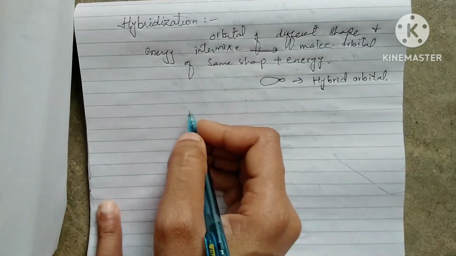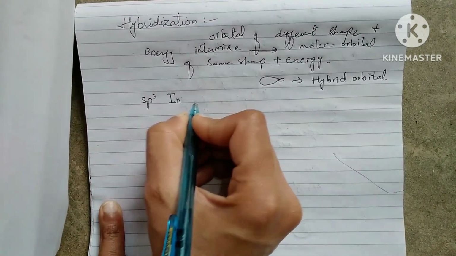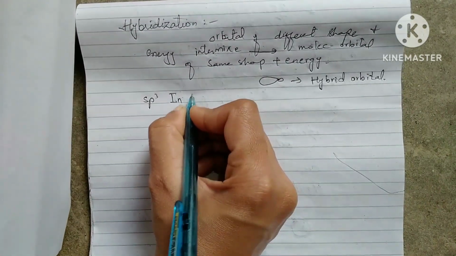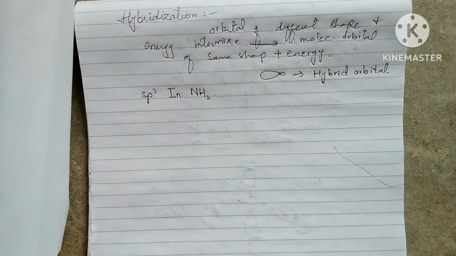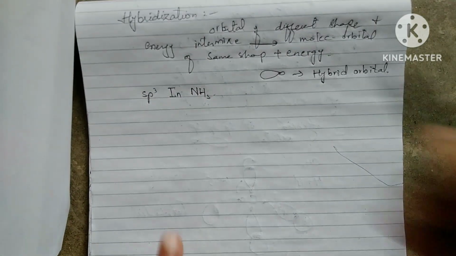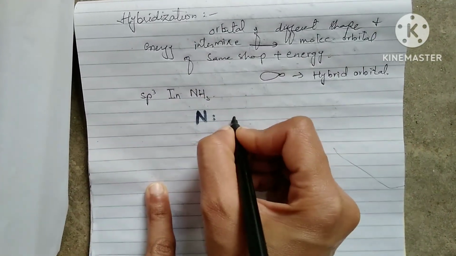Okay, so today we will discuss the sp3 hybridization in ammonia. So what is ammonia? In ammonia, nitrogen is the central atom.